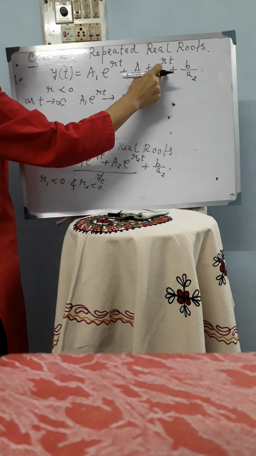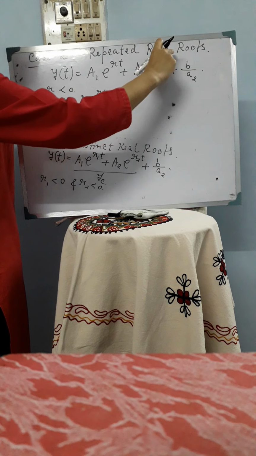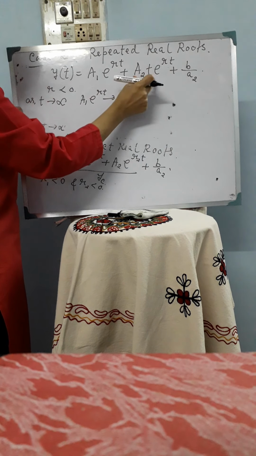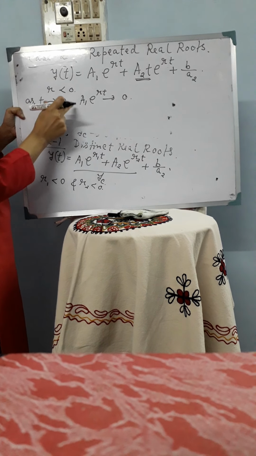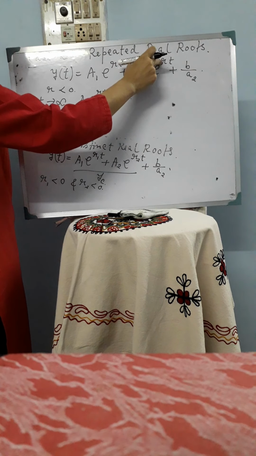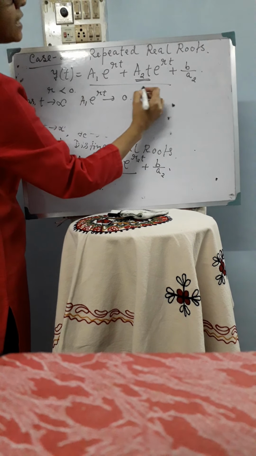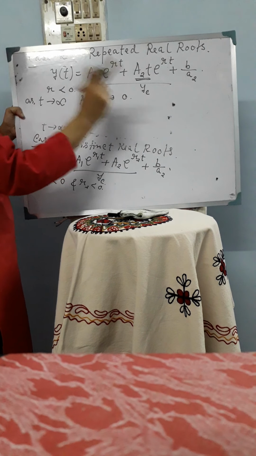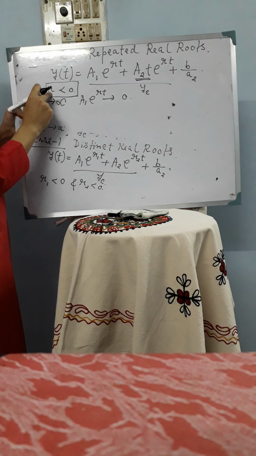So in effect, this whole term will tend to 0 as t tends to infinity, because it will decline exponentially while the other increases linearly. So this term will overpower that term. Because of the negativity of the root, this term tends to 0, so yc tends to 0 as t tends to infinity. So the condition for getting dynamic stability in case 2 is the negativity of the real root.